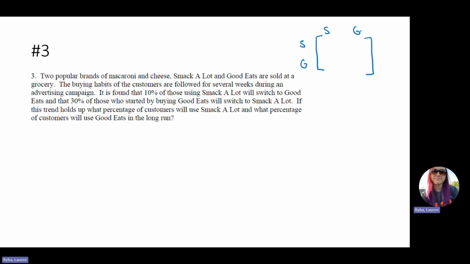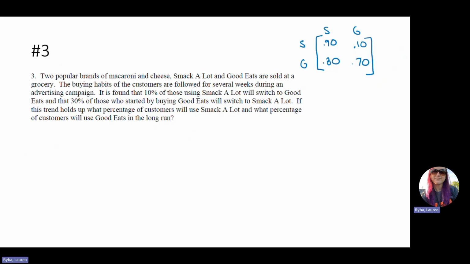It is found that 10% of those using Smack-A-Lot will switch to Good Eats. So 10% from S to G means 90% are going to stay. And 30% of those who started with Good Eats are going to switch to Smack-A-Lot. So G to S, 0.30, leaves 70% staying in Good Eats.